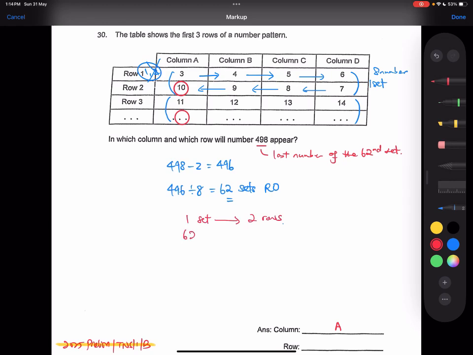We are in the 62nd set. So we have to take 62 multiplied by 2. That will give us 124 rows. So our answer for the second part of the question is 124.